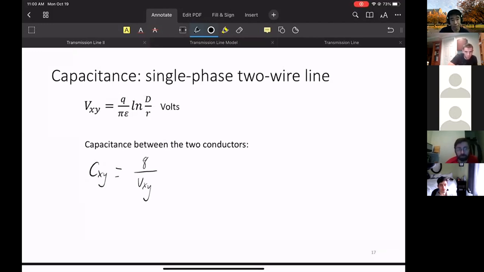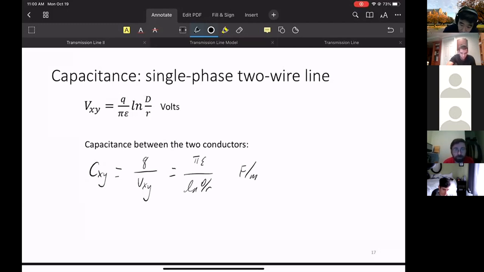But once you divide it out, once you talk about capacitance, now we're okay, because this is farad per meter. This is per meter of length, how much capacitance I have.